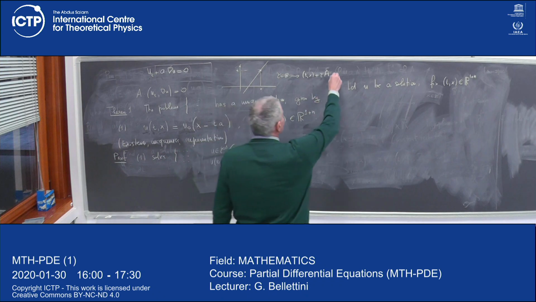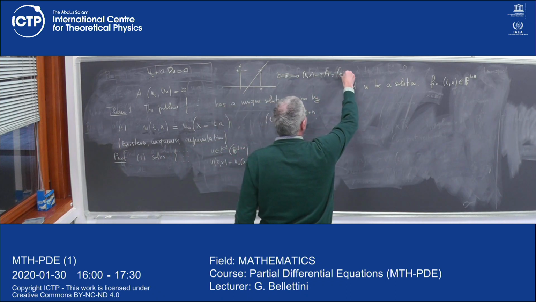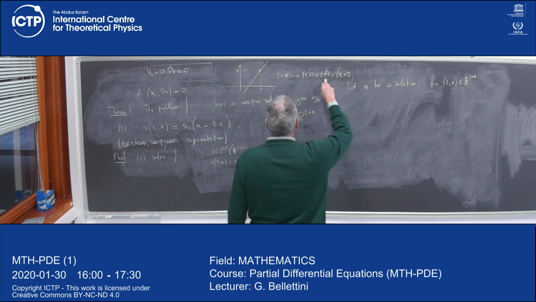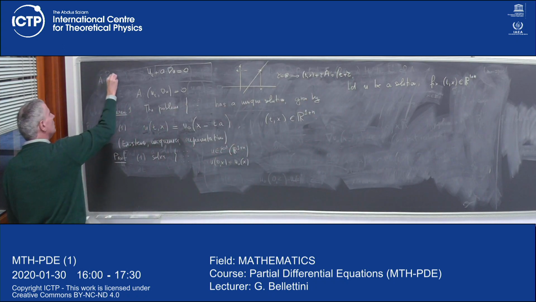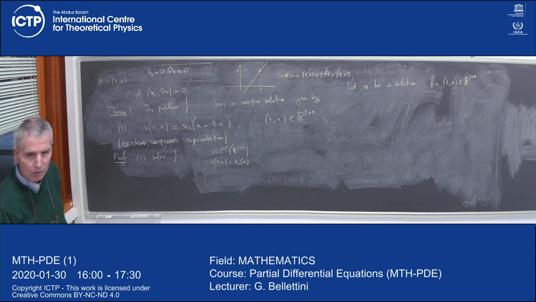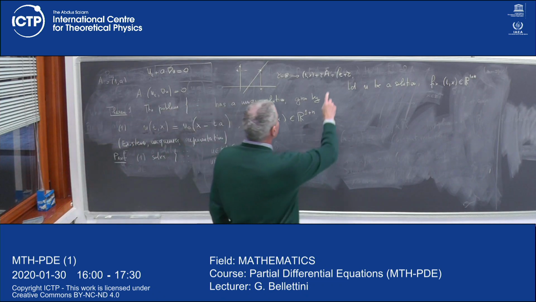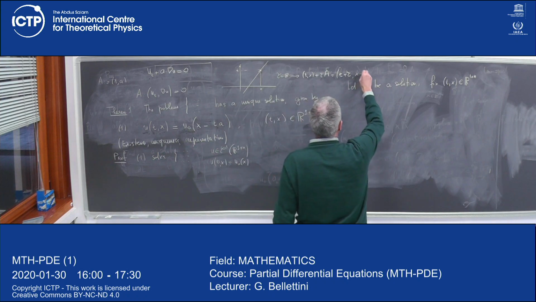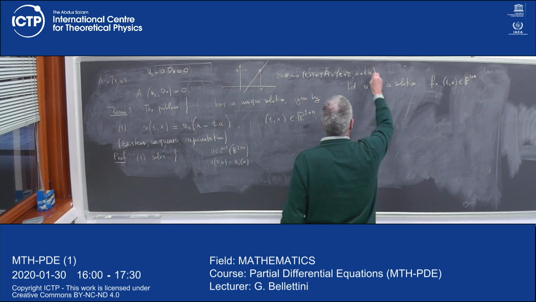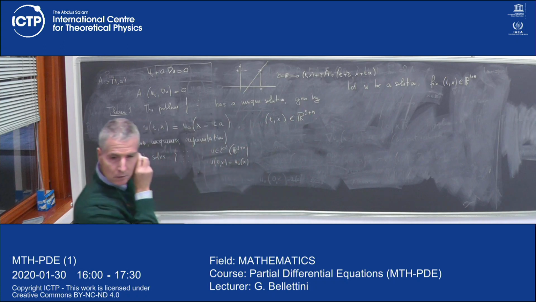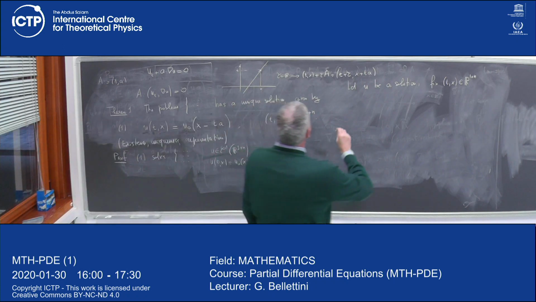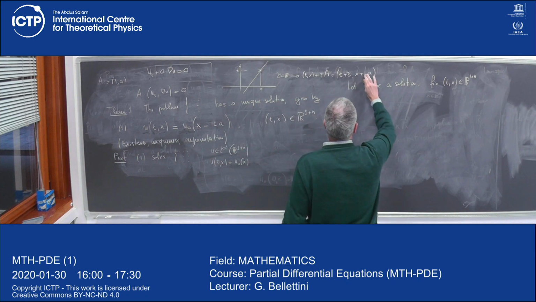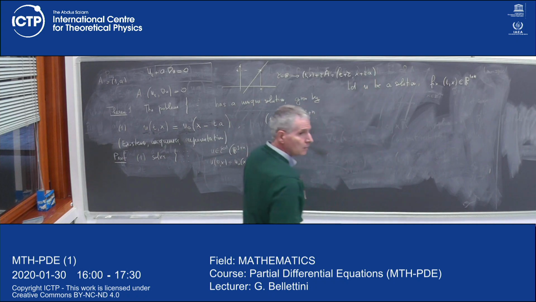Or in other words, this is also equal to (t plus tau, x plus tau a), remembering that capital A was defined to be (1, small a). Okay, this was the definition. So this is t plus tau, x plus tau a.